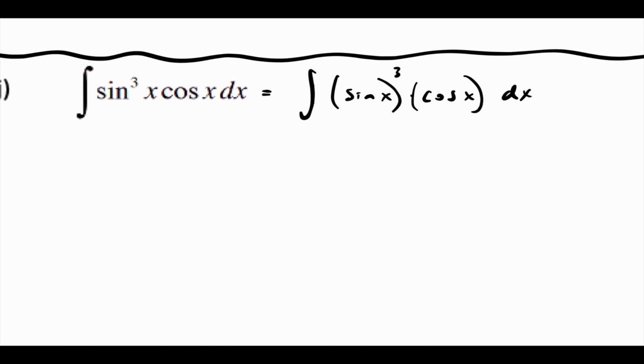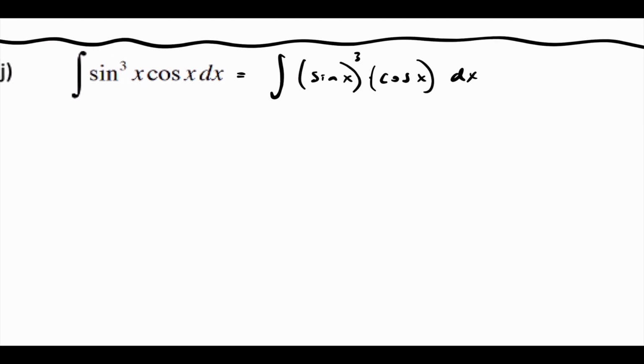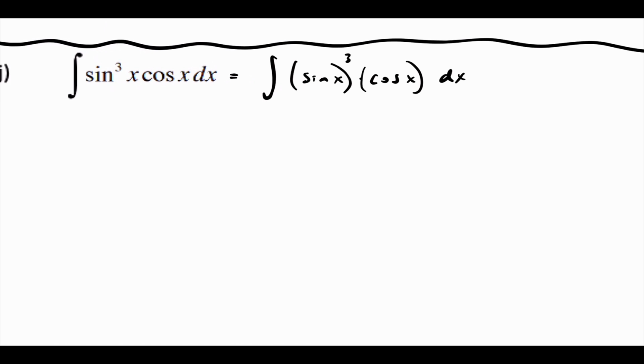One of them is going to be my u. I have two options. I have sine of x and cosine of x. Those are the two functions that I have. So one of them has to be u. Which one?